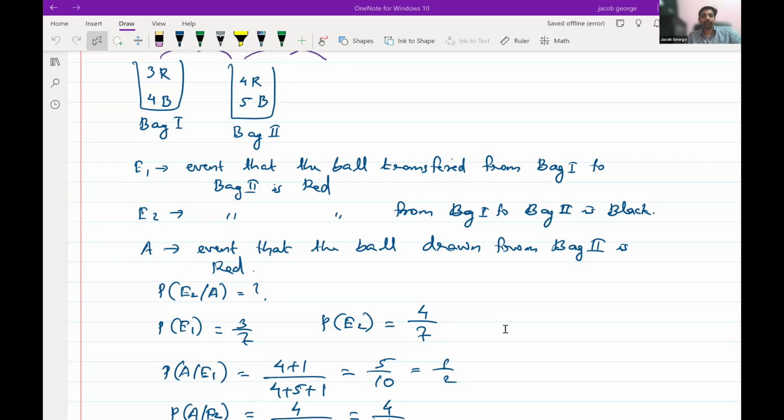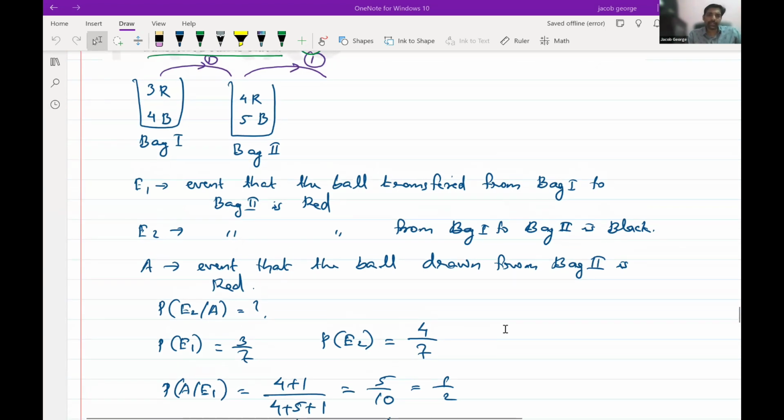P of E1. Again look at the diagram. E1 means the ball transferred from bag 1 is red. How many red balls are there in bag 1? 3, out of a total of 7. So P of E1 is 3 by 7.